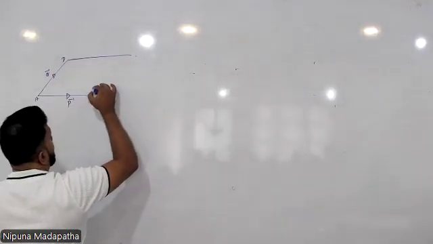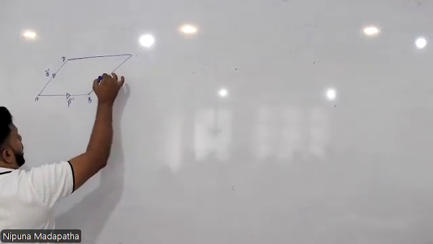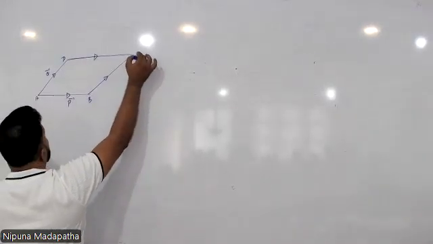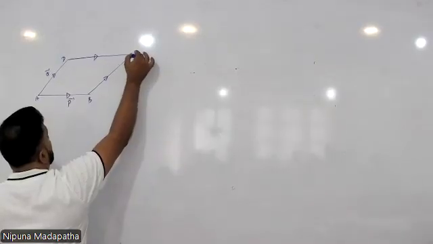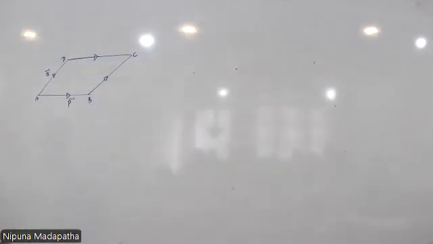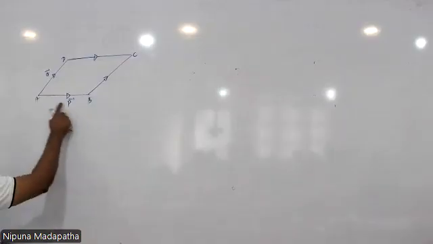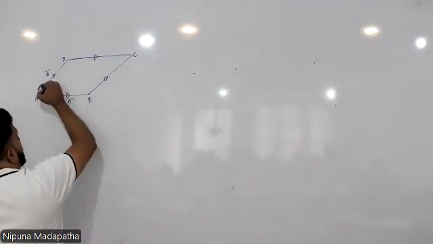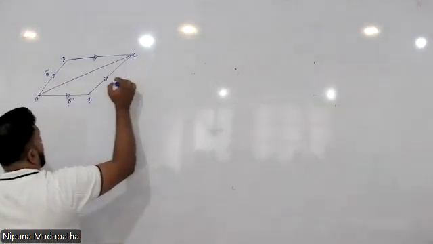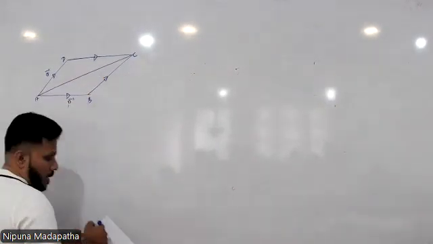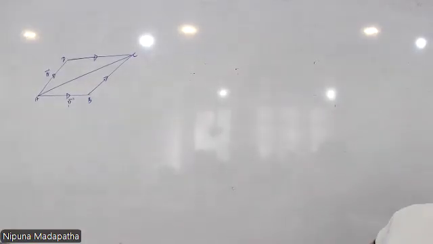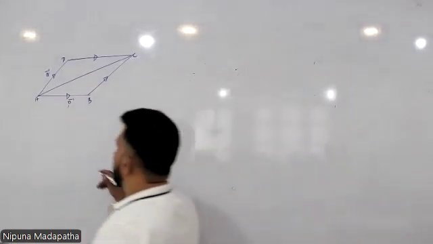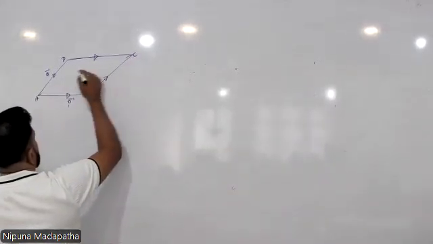So this is the vector parallelogram of these two vectors. Now I am going to complete this diagram with the diagonal AC.